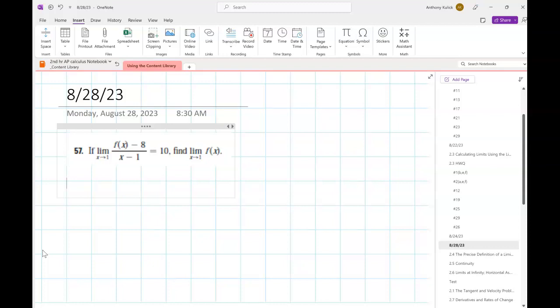Right away, we should see that I can't do a direct substitution on this because I get a denominator of 0, and that's not going to be super helpful to me.